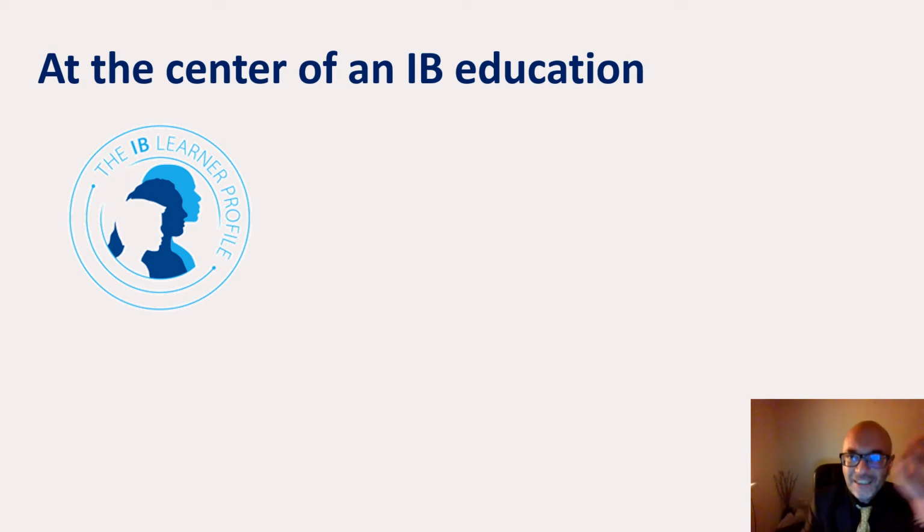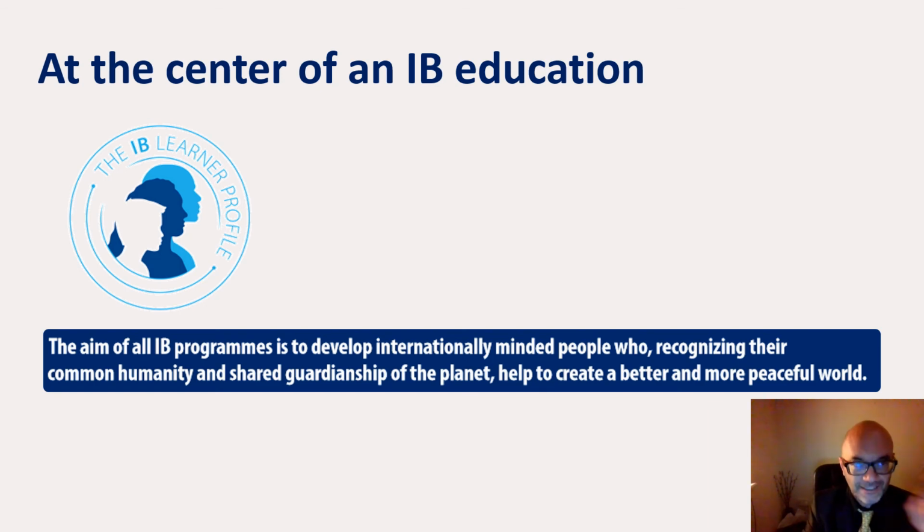But above the list of attributes, we have this sentence. The aim of all IB programs is to develop internationally minded people who, recognizing their common humanity and shared guardianship of the planet, help to create a better and more peaceful world.